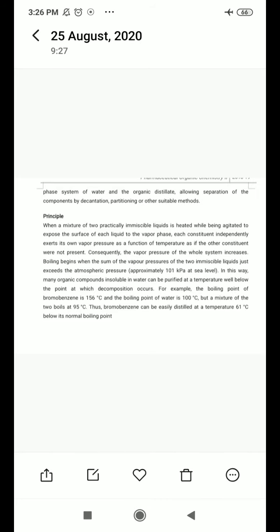Okay, after boiling it produces vapors. Those vapors can be condensed through a condenser and collected in the receiver. In this way, many organic compounds insoluble in water can be purified at a temperature well below the point at which decomposition occurs.